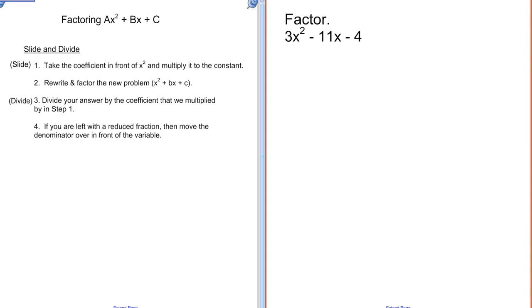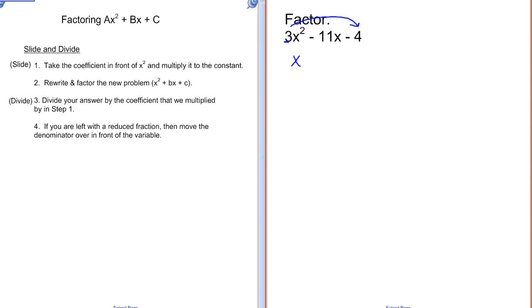So it's asking us to factor 3x squared minus 11x minus 4. So step one says that we are to take the coefficient in front of x squared, that would be 3, and we're going to multiply it over to the negative 4. And this is slide, we're going to slide that 3 over to the negative 4.